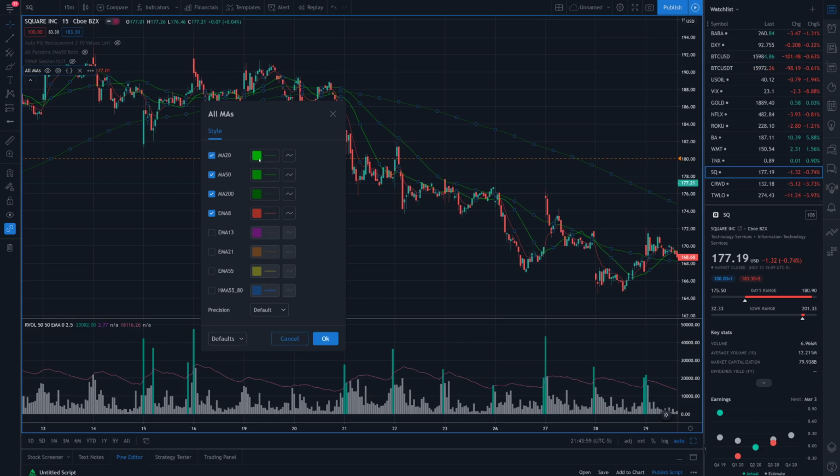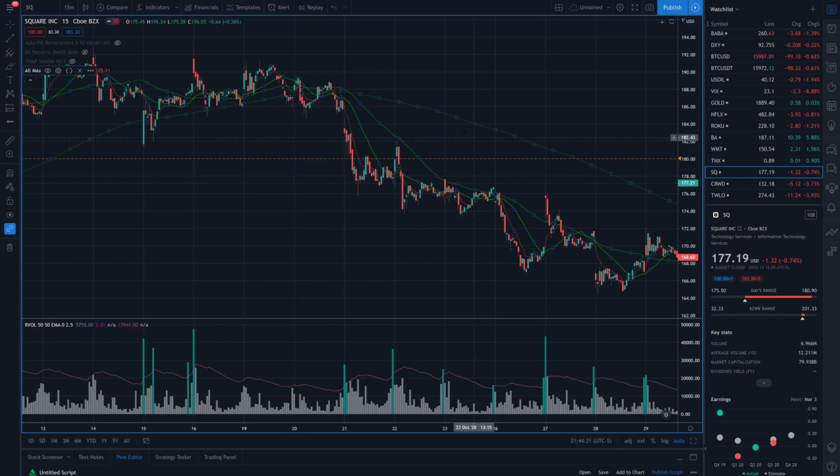The 20, 50, and 200 moving averages I use because I think they're probably the most reliable, and they give you enough data to trade long-term and short-term. A moving average is almost self-explanatory.